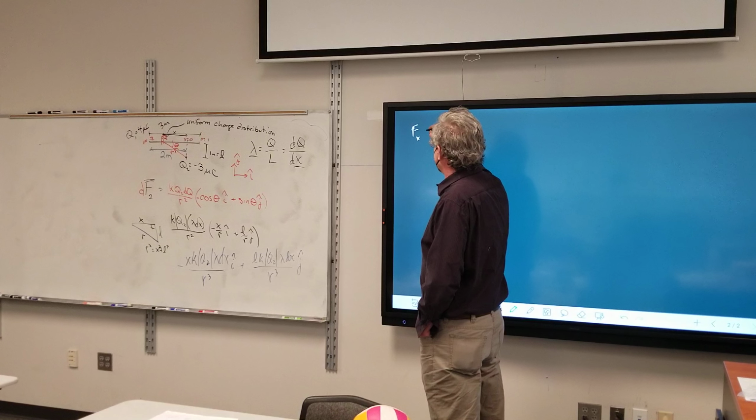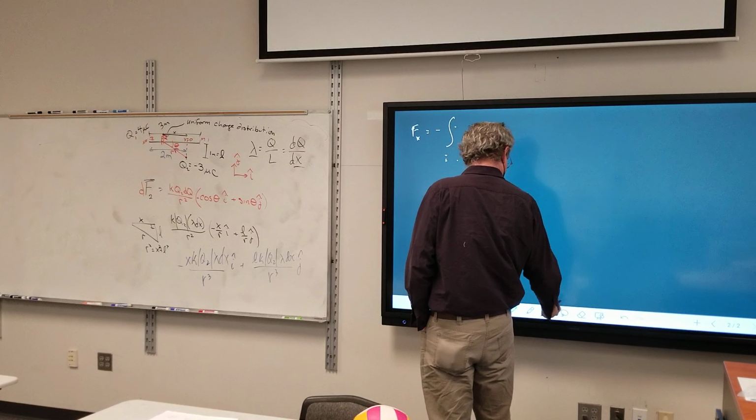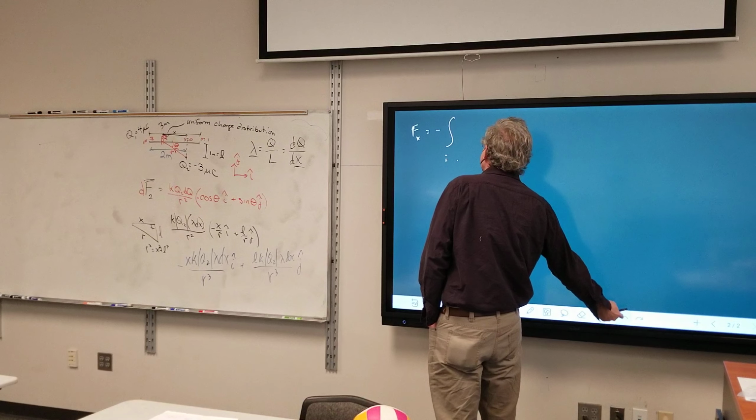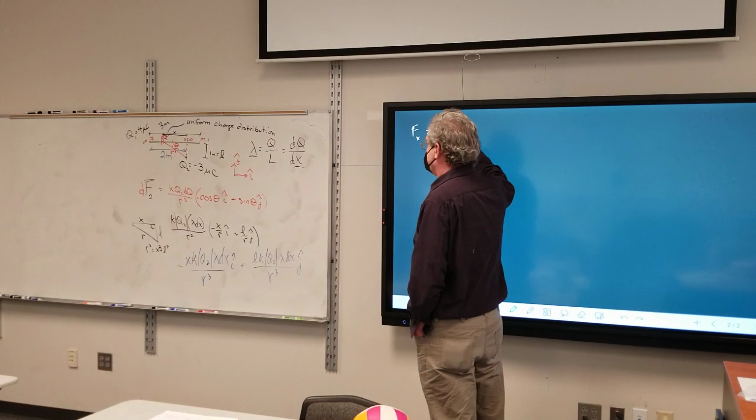So F in the X direction would be the negative integral of, do that differently. Let's pull out the constants.